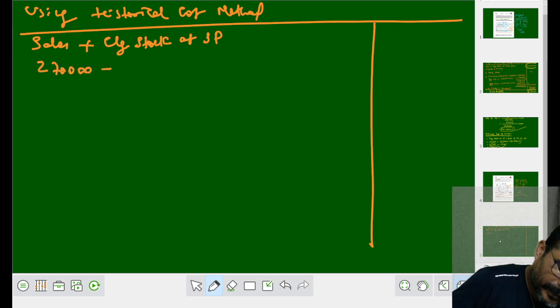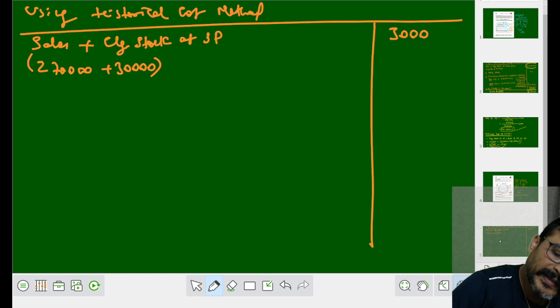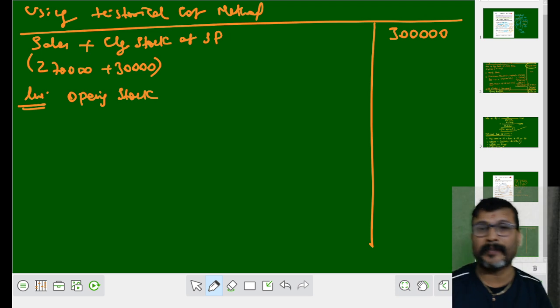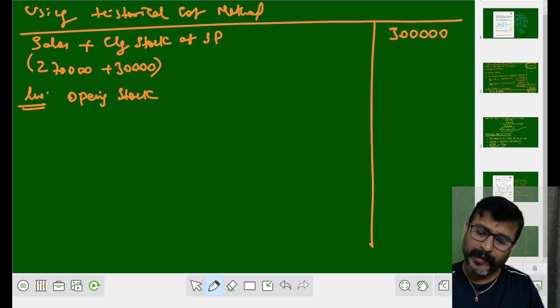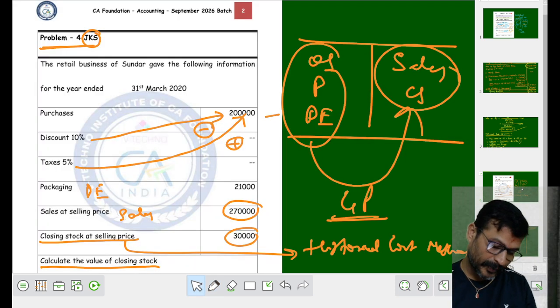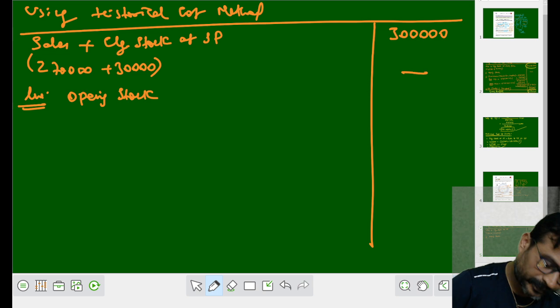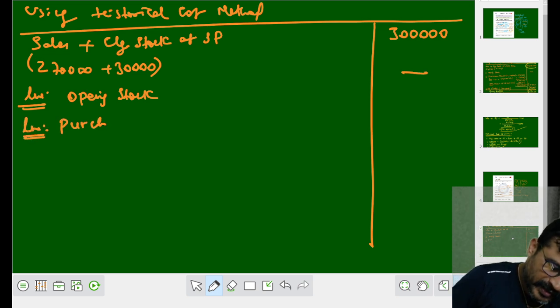2,70,000 plus 30,000. How much is it, my dear students? It is an amount of 3 lakhs. Less, what we have to subtract? We have to subtract the opening stock. Do we have any opening stock in the problem? No, it is not given, so we put a dash. Less, what is there? Purchases.